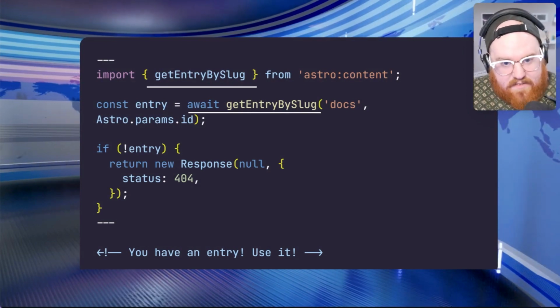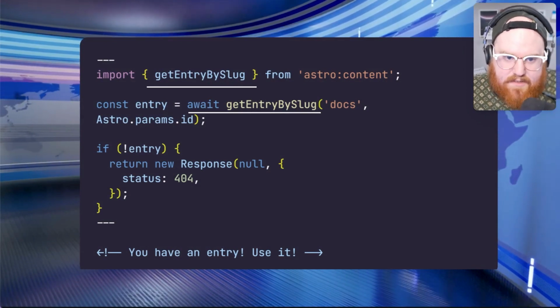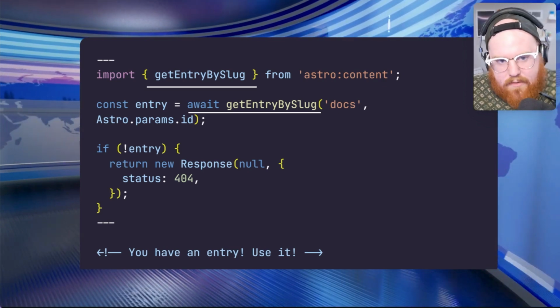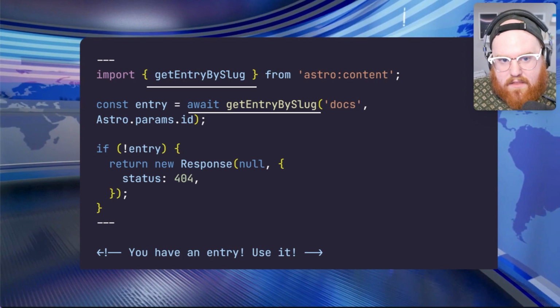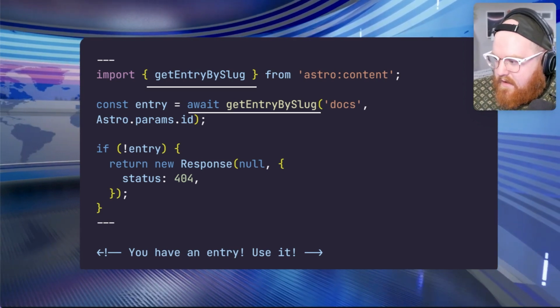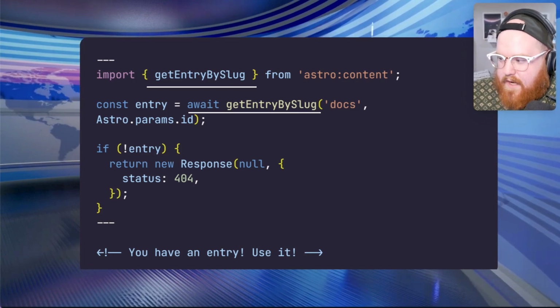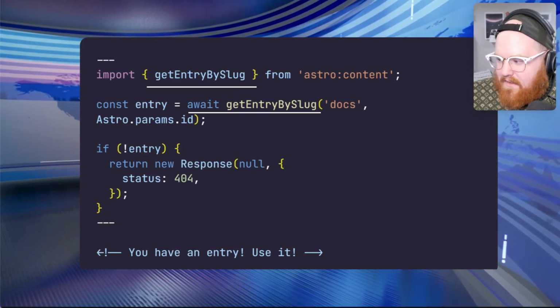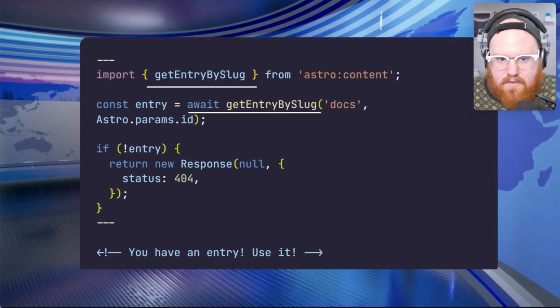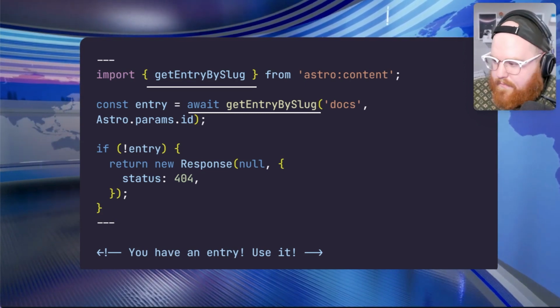getEntryBySlug itself has been updated. So previously it was called getEntry, just a little more explicit now that it is actually by the slug property. This improves our support with dynamic routes, especially in SSR, so that you can map your ID directly to a post.